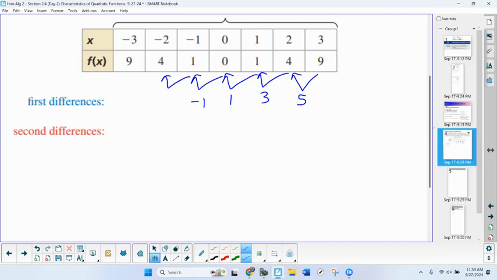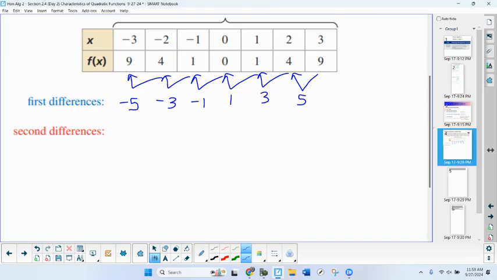Negative 1. What's 1 minus 4? And what's 4 minus 9? Okay, so is it linear? Remember, if the first differences are the same, it's linear. It's a line. If the first differences are the same, you're done because it can't be a line and a U at the same time.